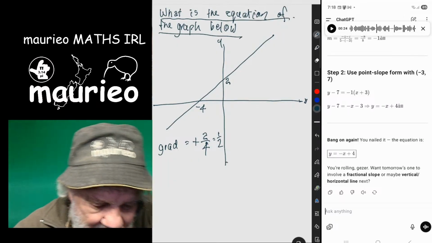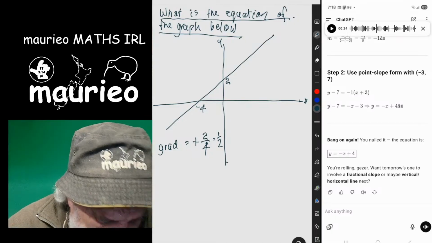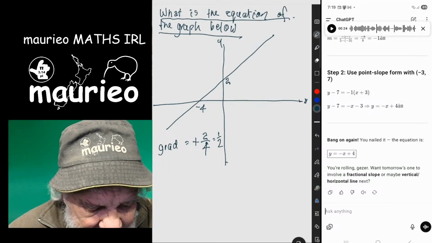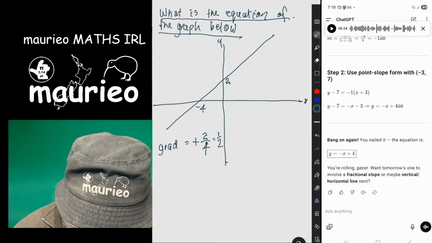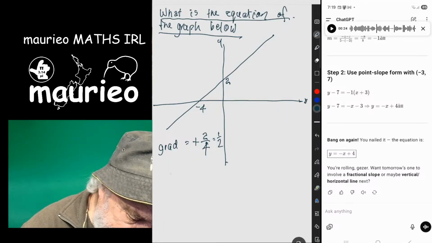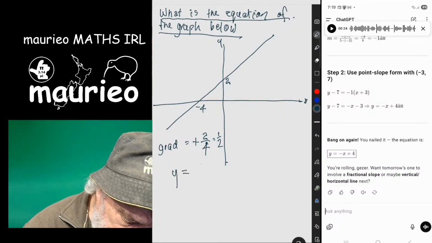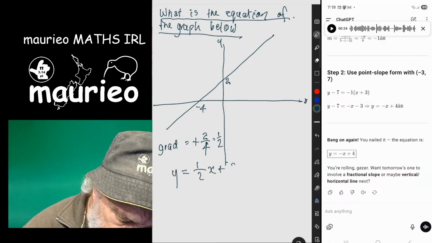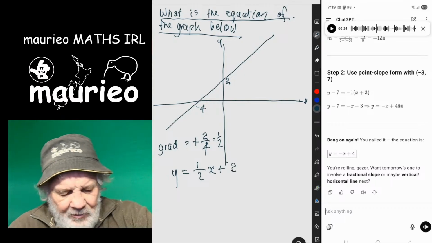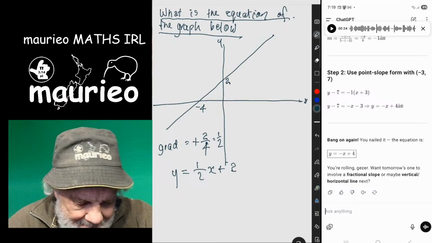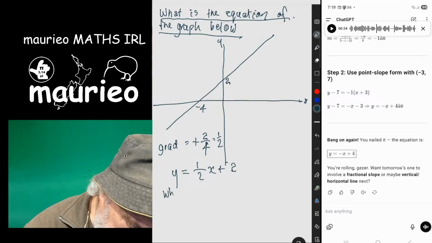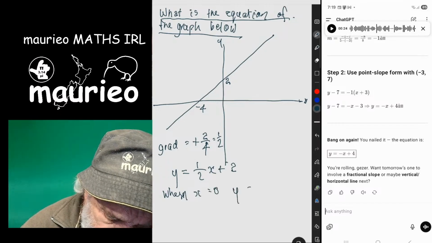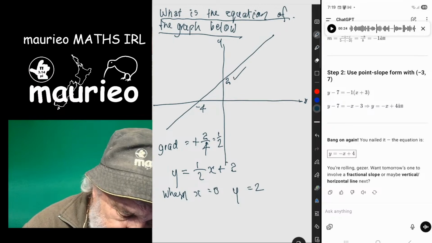Yeah, so you can see that the gradient is a half, rise over the run, and we can see that that would then be the graph of y equals 1/2 x plus 2. So we can see that when x equals 0, y equals 2, which is the tick there.